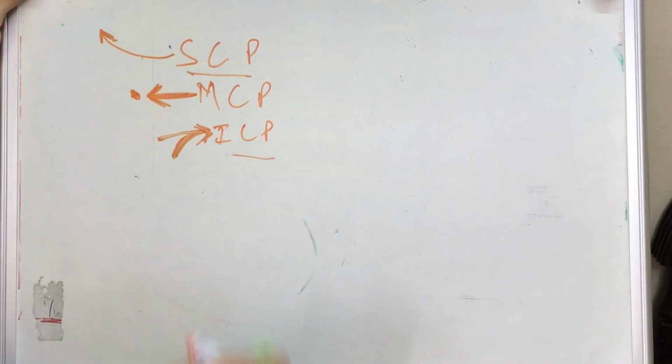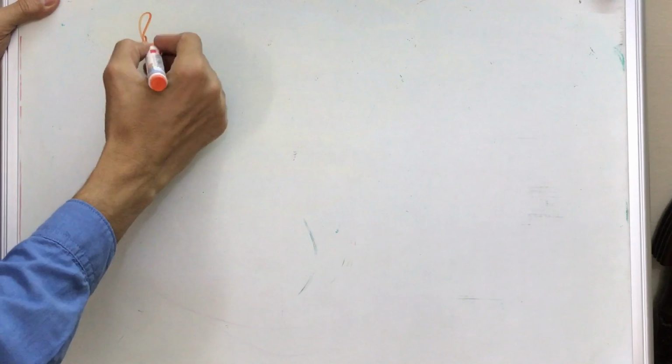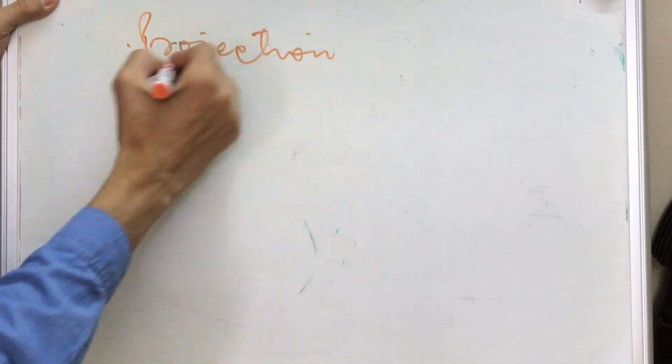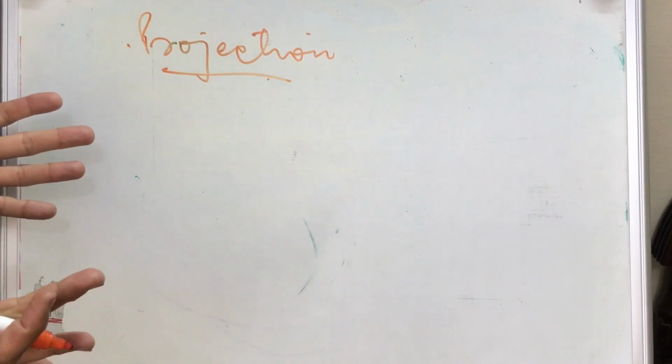These fibers, whether incoming or outgoing, are called projection fibers. Whether afferent or efferent, their ultimate destination is the Purkinje cell.